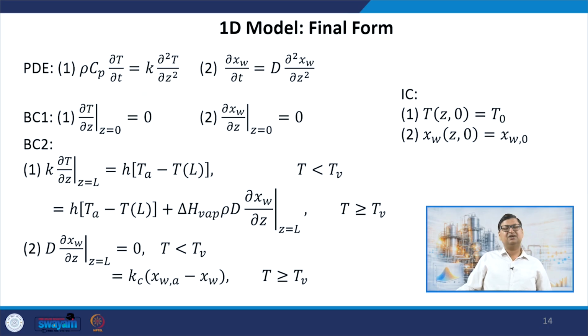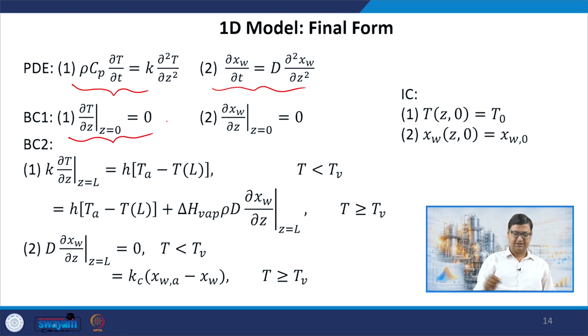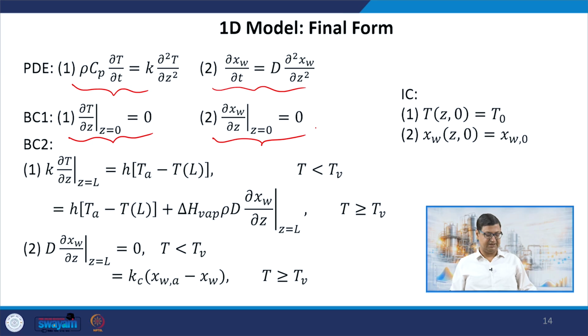So, now these are the final form of the one dimensional model which we have derived. So, we have essentially two partial differential equations to solve for, one for the temperature, one for the moisture content. This is my first boundary condition at z equal to 0, that comes from symmetry. The flux is equal to 0 both for temperature and moisture content.